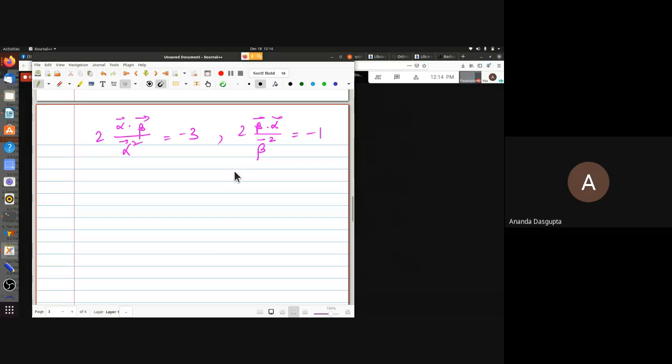And maybe I should have also mentioned that this tells you that the angle between alpha and beta has a cosine of minus root 3 by 2, which means the angle between alpha and beta is actually 150 degrees. And the Dynkin diagram corresponding to this would be 2 simple roots, 3 lines. 3 lines because of the 150-degree angle.